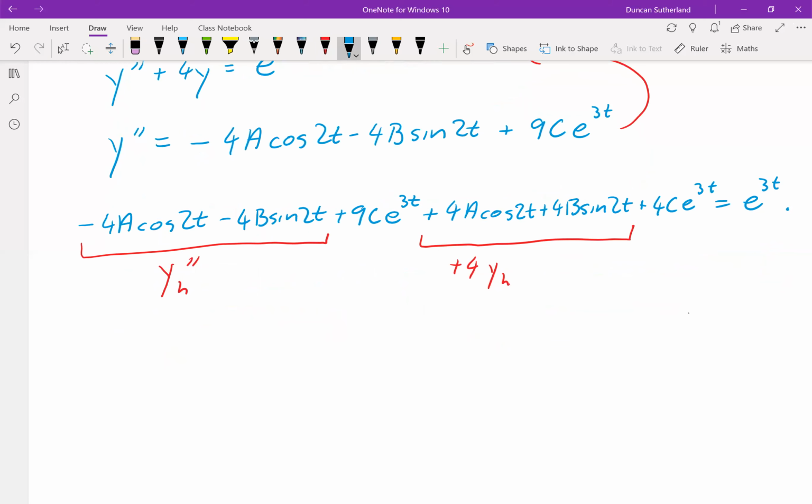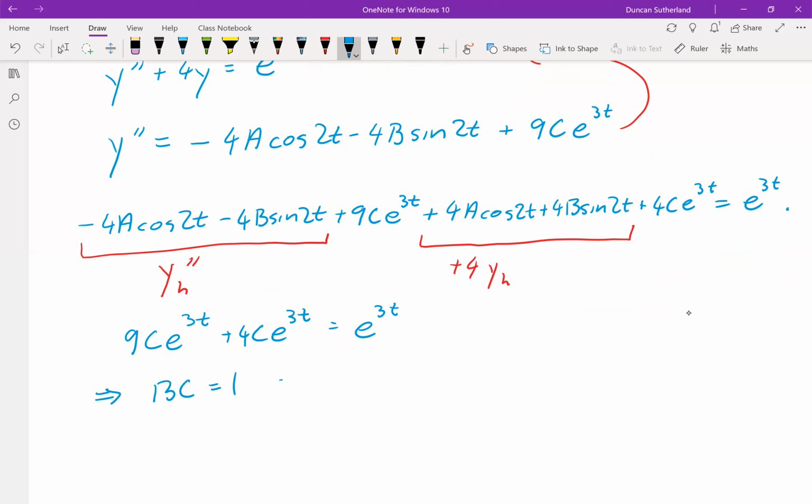When we cancel all this out, we find 9c e to the 3t plus 4c e to the 3t equals e to the 3t, which implies 13c equals 1 after we cancel everything out.